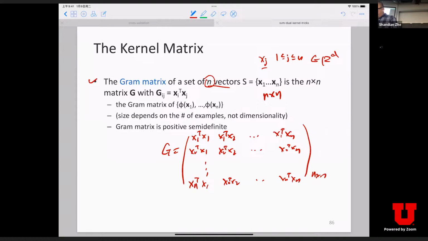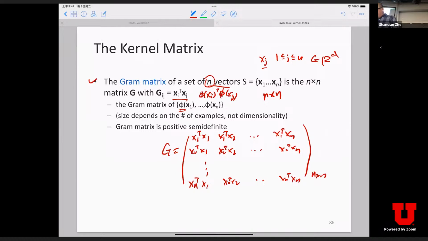And in general, if you perform a feature mapping over each vector, your set of vectors will become phi(x1) to phi(xn). Then you just replace each dot product by phi(xi) transpose phi(xj). It's similar.